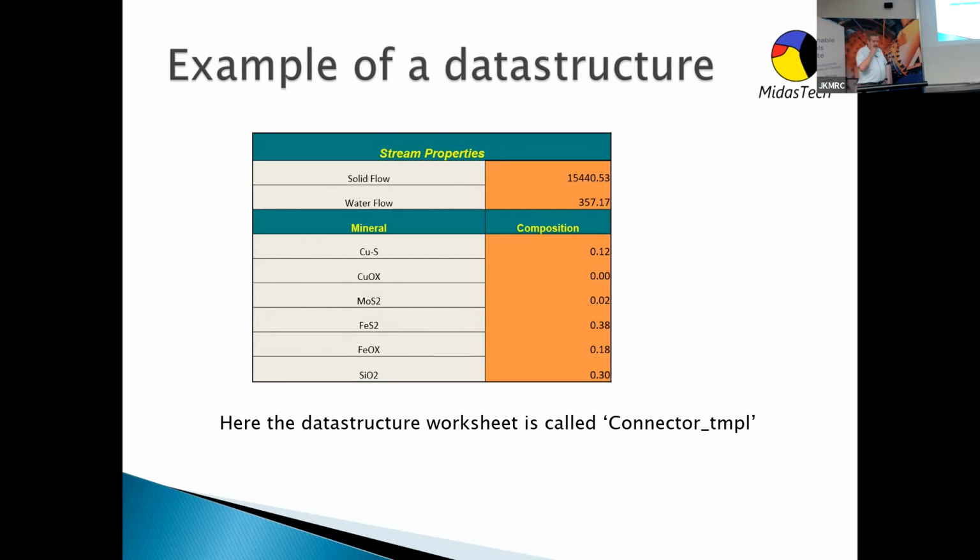Now, once we define our data structure, we simply create a worksheet called connector TMPL. That tells the flowsheet system that all connectors have this data structure. So that's the simple way to say what the data structure is.